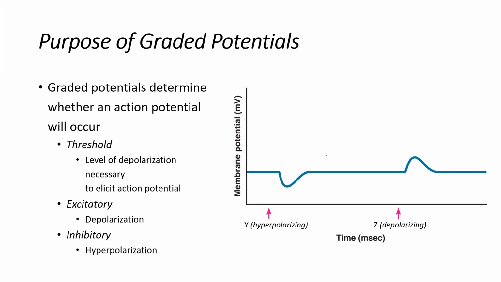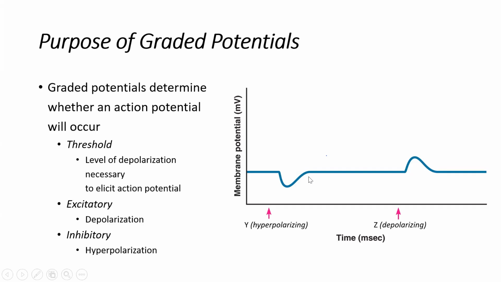And again, they can be in different directions. So we can have an excitatory change, which is called a depolarization, which is shown here on the far end of this curve. And we can also have an inhibitory membrane potential change, or a negative membrane potential change, which is really a hyperpolarizing event, or hyperpolarization. And that actually makes it harder for us to get to that threshold, okay?